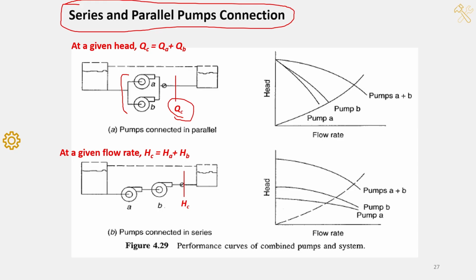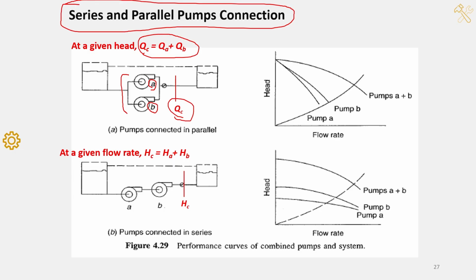If you want to increase the flow rate, then you have to put the two pumps in parallel. This way you will double the flow rate. So if this pump has a flow rate of A and this pump has flow rate of B, then the total flow rate would be Q sub A plus Q sub B.